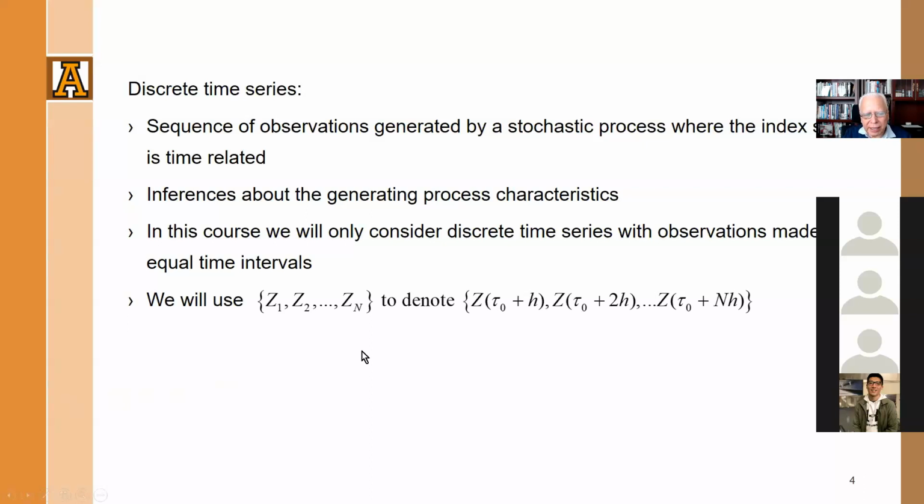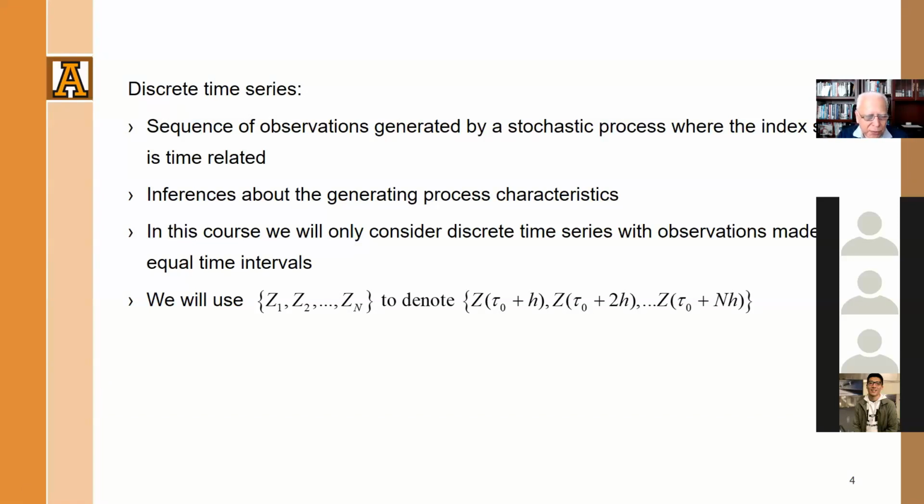Since we're dealing with discrete time series, even if this discrete time series can go forever, because the set of indexes here could be infinite but countable, we only observe a finite number of realizations of that process. So we will use Z1 through Zn to denote them, picking any origin tau 0.